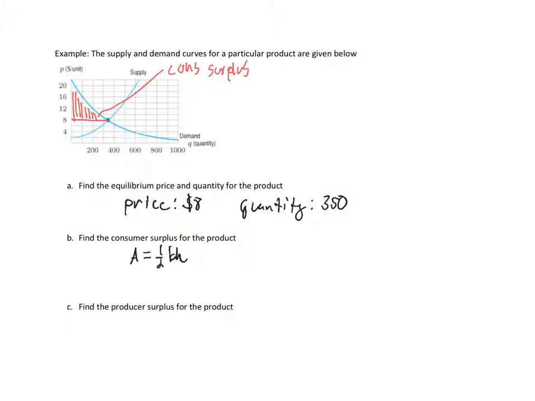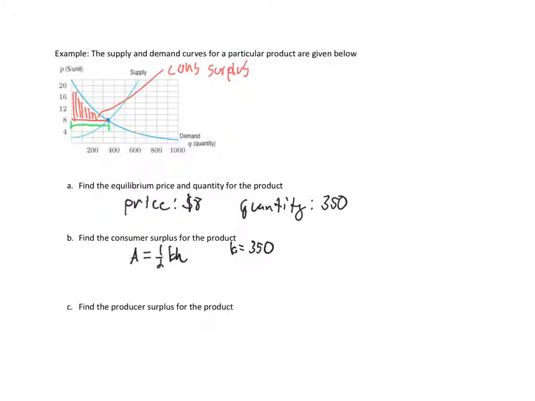Well, if we're going to call this space here the base, notice that's actually the same thing as the equilibrium quantity. So I would say the base is 350.